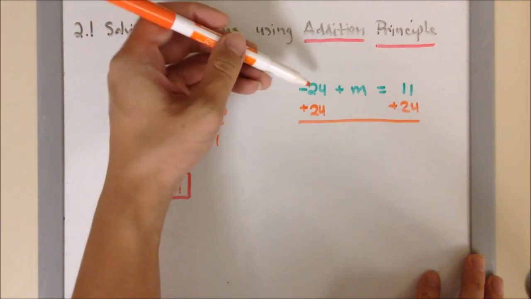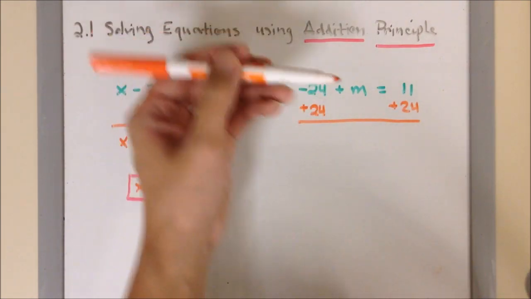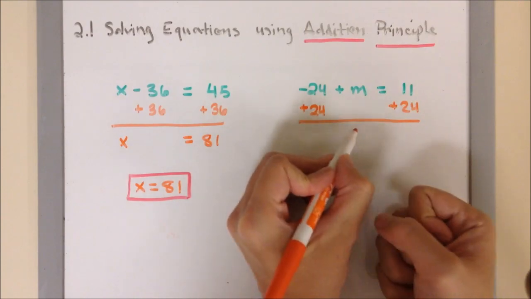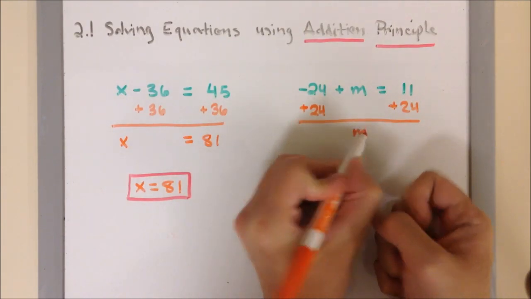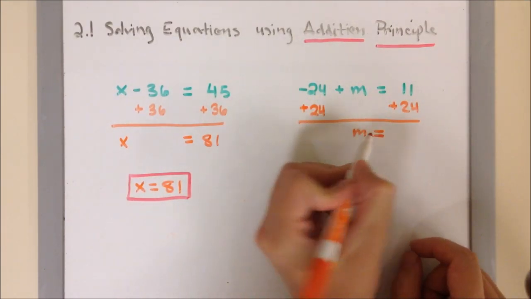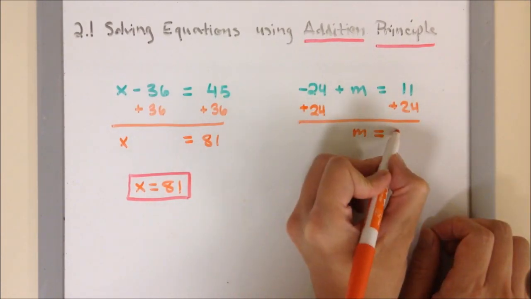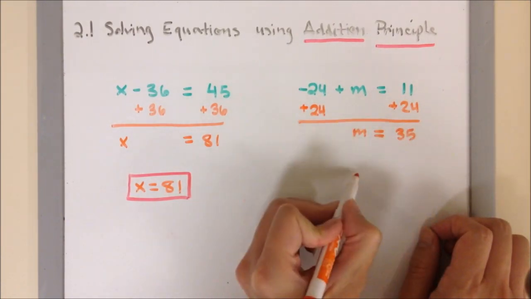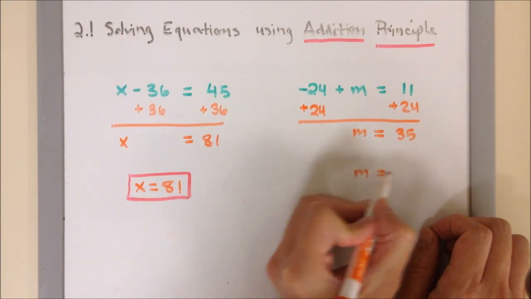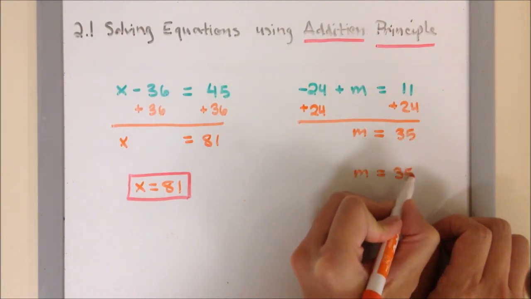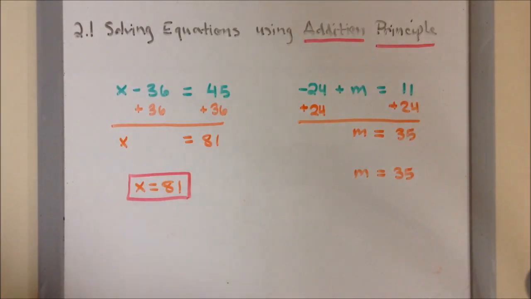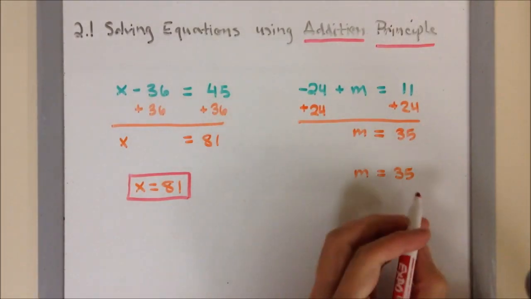Doing so, negative 24 plus 24 will cancel out. I'm bringing down the positive m, so I don't need to write the plus. Then on the right side, 11 plus 24 will be 35. So m equals 35. And that is our final answer.